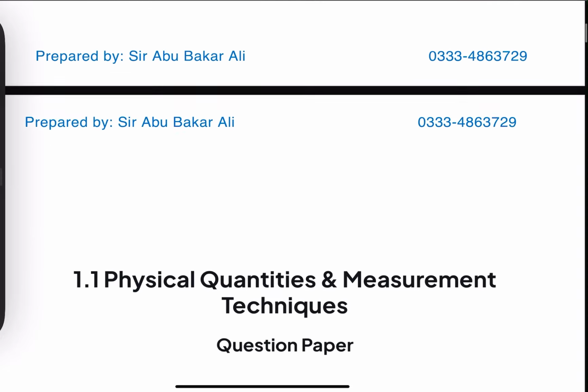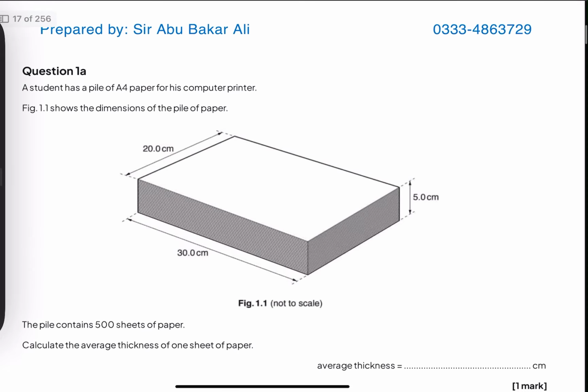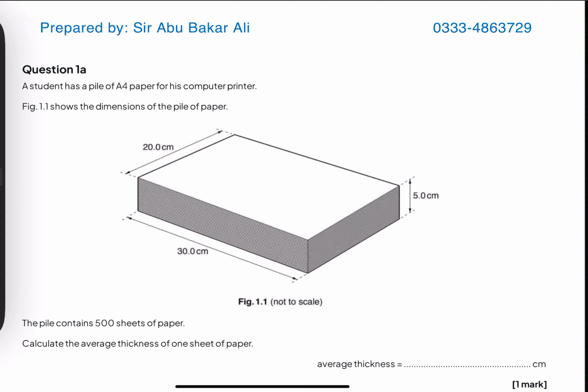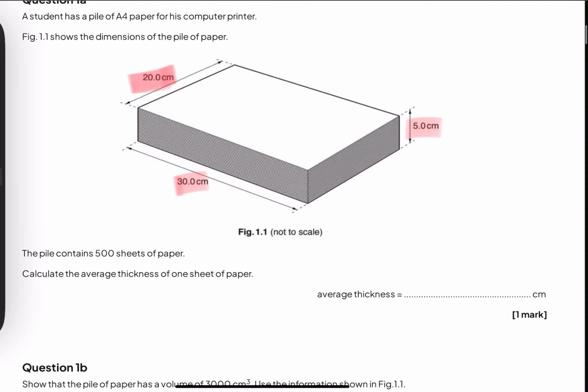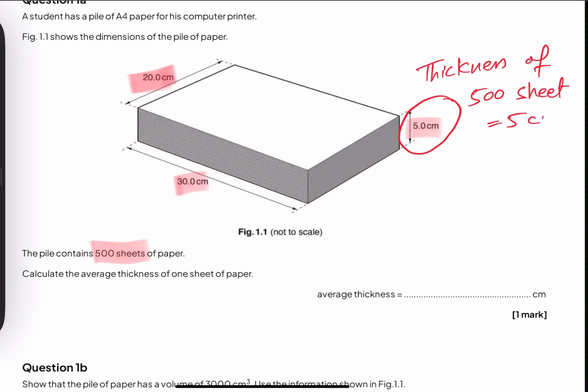Okay, next question: a student has a pile of A4 paper for his computer printing. The figure shows the dimensions of the pile. We have dimensions 25 and 30 centimeters. The pile contains 500 sheets of paper. Calculate the average thickness of one sheet of paper. Okay, so for 500 sheets, the thickness is 5 centimeters.